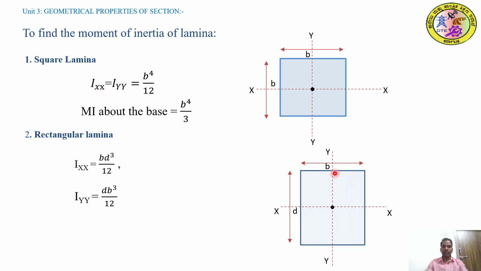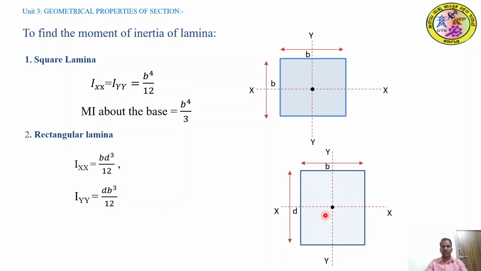And if we find out the moment of inertia about the yy axis, it is d b cube divided by 12. Here width multiplied by depth cube divided by 12. Here in a yy axis, depth multiplied by the width cube divided by 12.